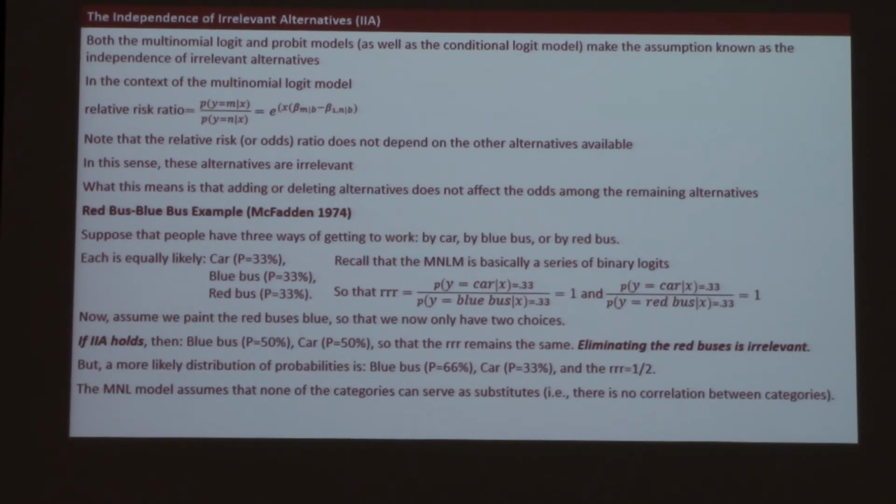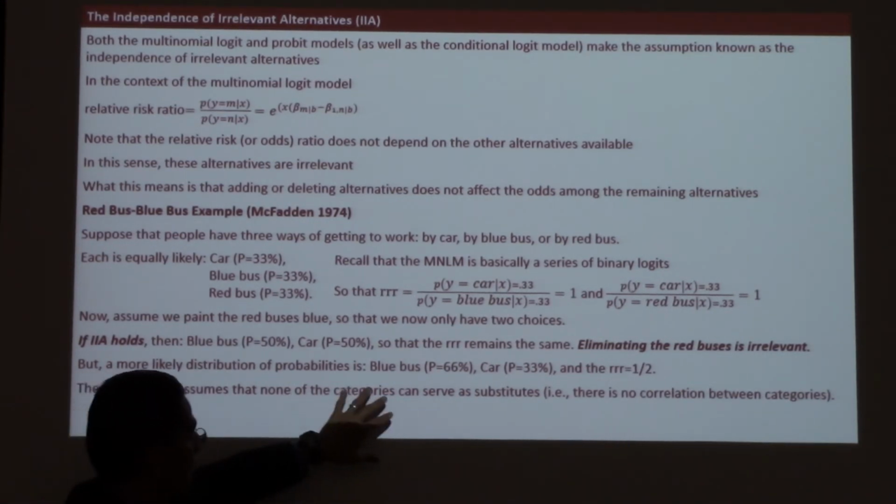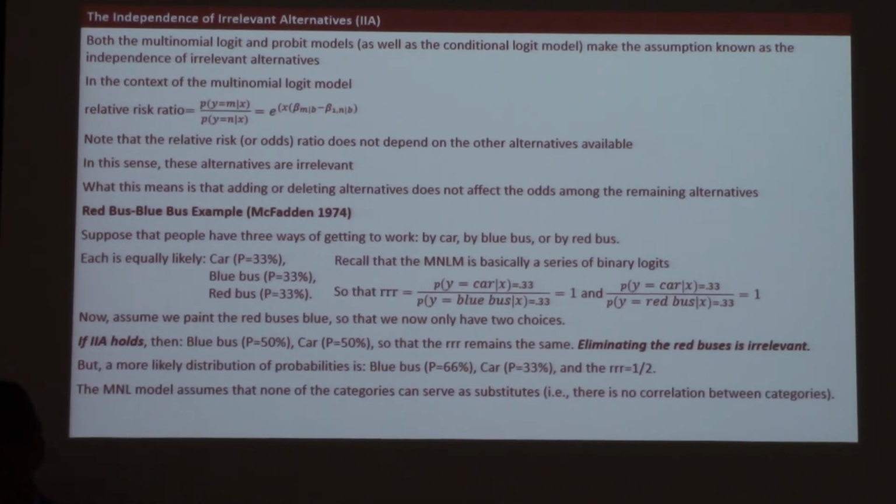An easier way to remember this, if you don't like the red bus and blue bus example, is that if any of the categories can serve as substitutes, then you're violating the independence of irrelevant alternatives. Now, we ask the question, can red buses and blue buses serve as substitutes for each other? Probably, exactly.